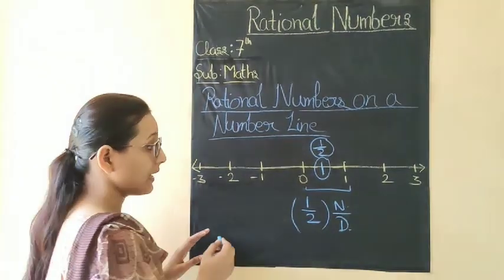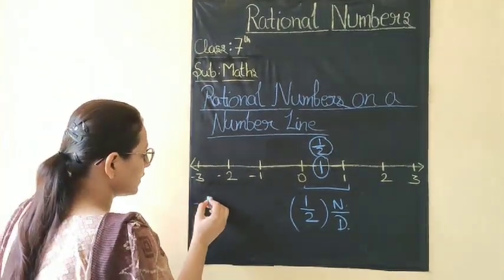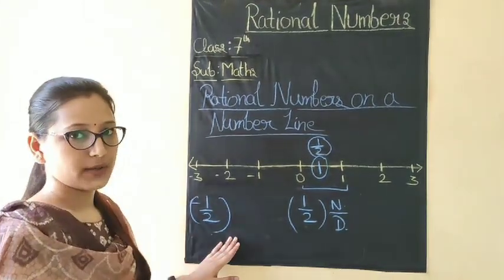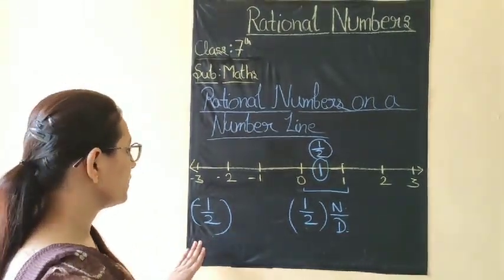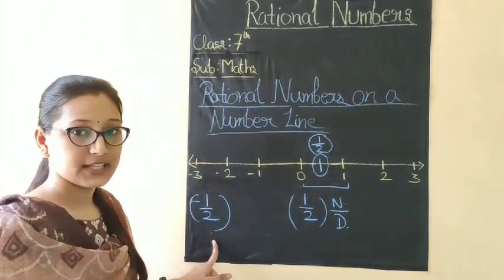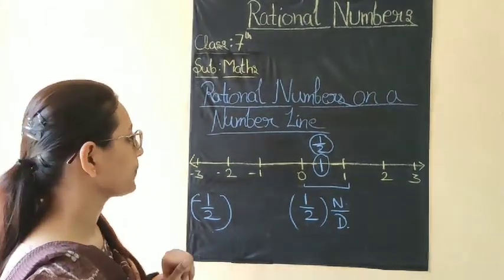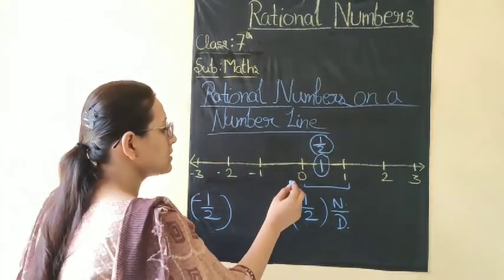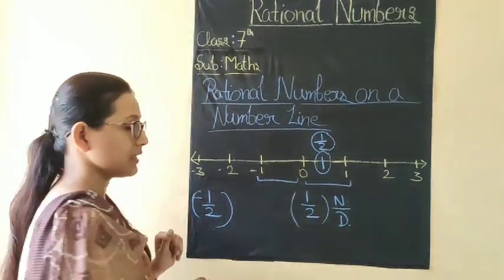So let us now mark minus 1 by 2 on the number line. Same like this, but this time this is a negative rational number. So we know that minus 1 by 2 lies between 0 and minus 1.